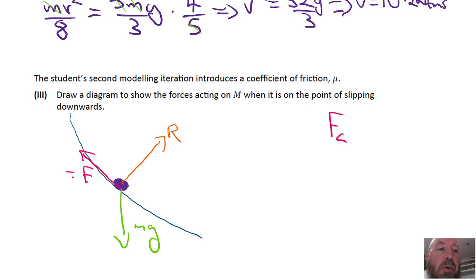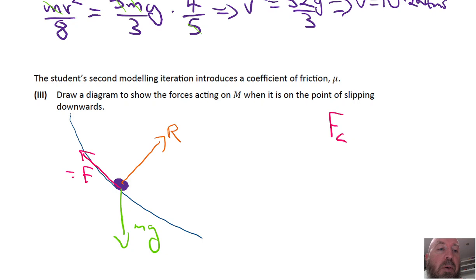So that's your diagram. So I might just stick with F as mu R, just because I will forget to do FC and it'll be confusing for you guys. So the mu R, which is friction, is in opposite to the direction in which the thing will slip, which is up.